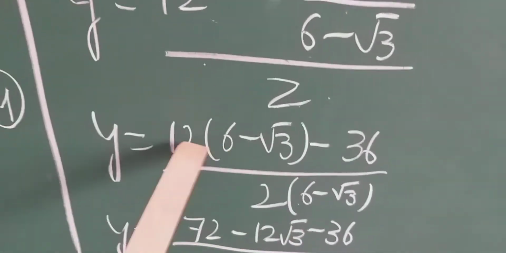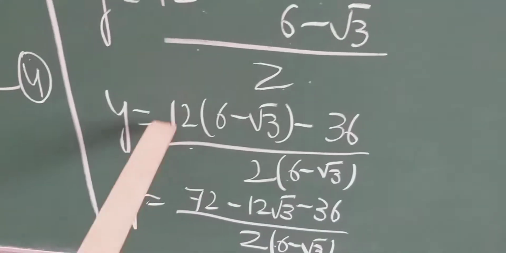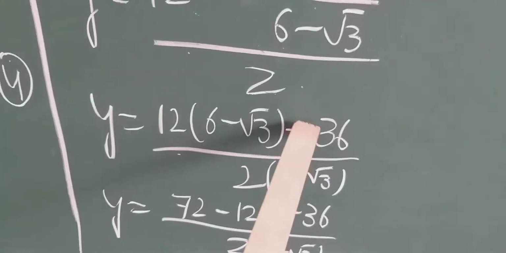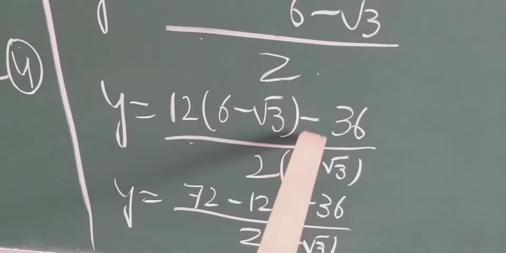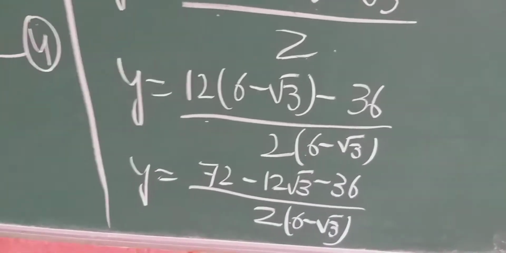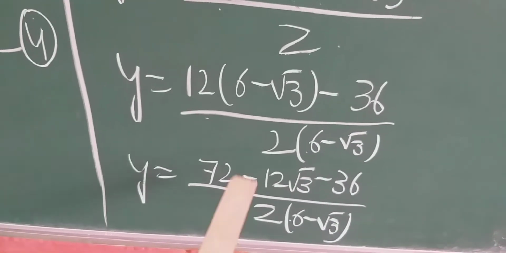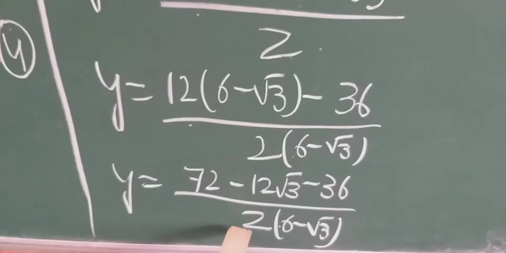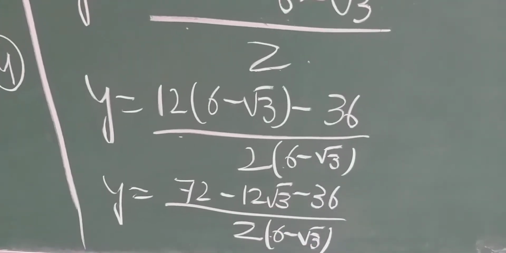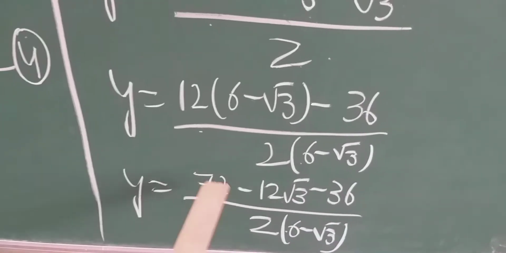So let us open the bracket. 12 times 6 is 72 minus 12 root 3 minus 36 upon 2 bracket 6 minus root 3. So 72 minus 36 is 36.